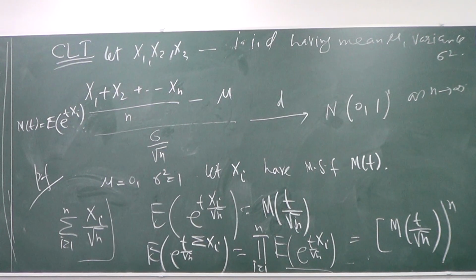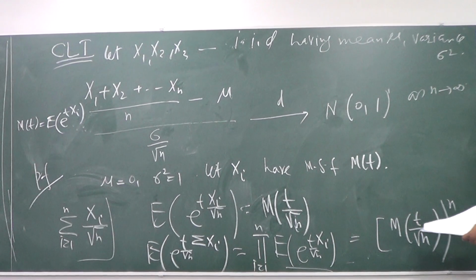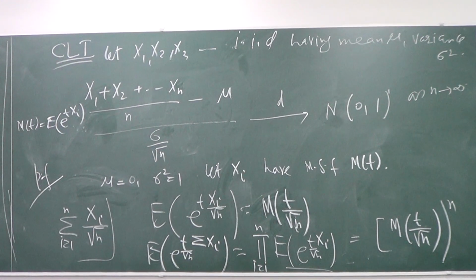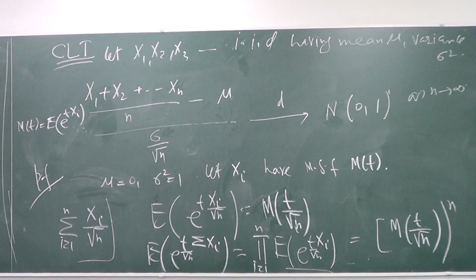I'm saying, okay, now let's take L of t and define it as the log of the moment generating function m of t. Okay, where are we heading with all this?